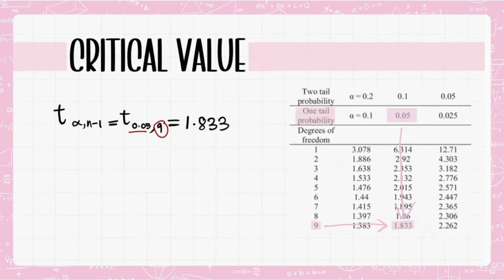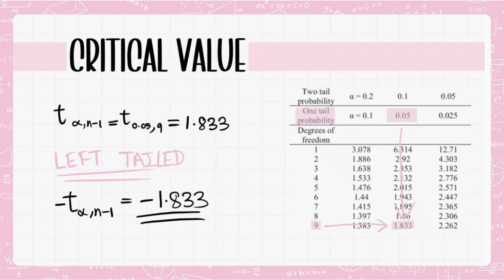So here find 9, and here under one tail find 0.05, and whichever value where both row and column intersect is your value for t alpha, n minus 1. Now if this was a right tail test, this would have been your critical value, but since it's left tailed, we have to make it negative. So your critical value for this question will be negative 1.833.